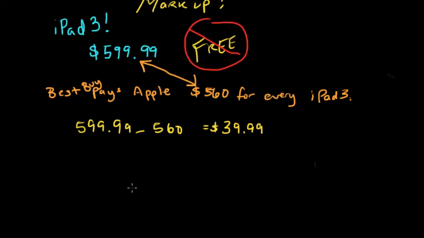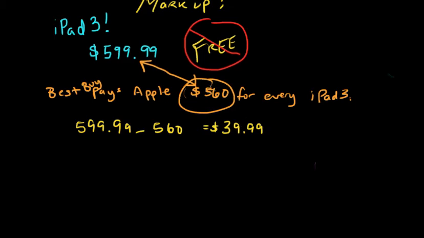If we take that amount, $39.99, and we divide it by the original, we compare it to what it started as, then we can find the percent markup. And this one is a little bit weird, my example here, because what it started as is $560. You have to look at it from the point of Best Buy.